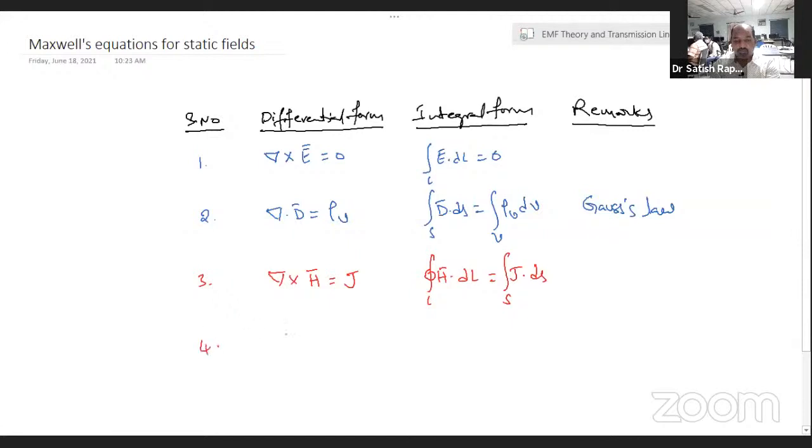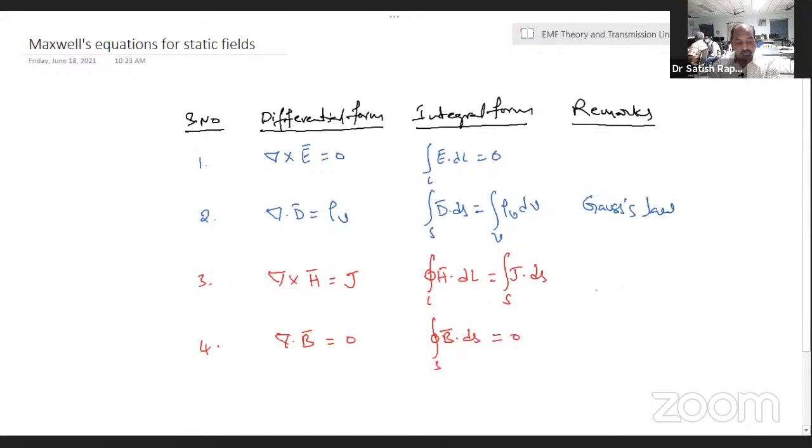And the fourth one: delta dot b bar is equal to 0, and surface integral b bar dot ds is equal to 0.